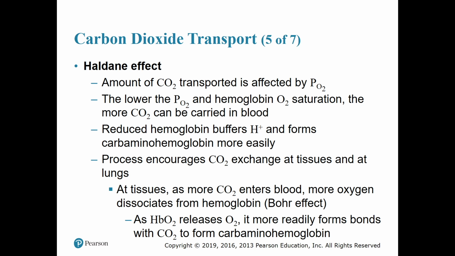At the tissue level, as more CO2 enters the blood, more oxygen dissociates from hemoglobin. And as oxyhemoglobin releases oxygen, it more readily forms bonds with carbon dioxide to form carbaminohemoglobin.